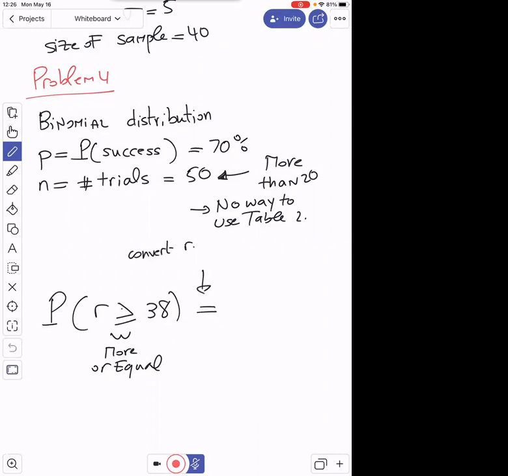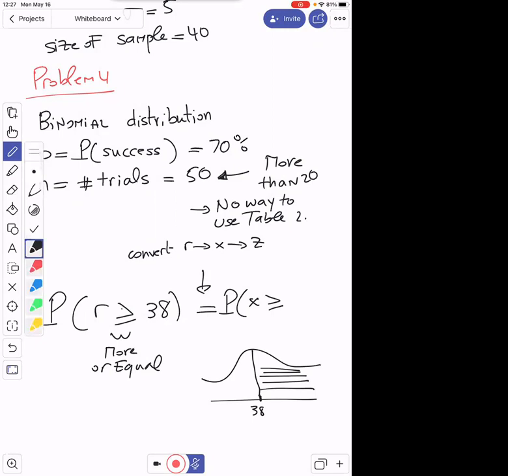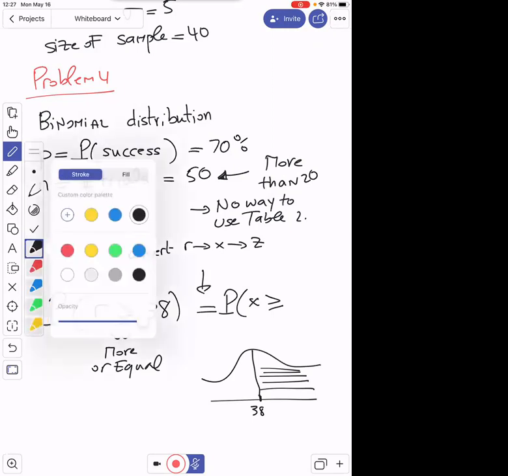We need to convert this R first to X, a continuous variable, and then to Z. I'm going to convert to X first. Because it's more or equal to 38, this is 38 on your distribution, and more or equal means to the right of 38.